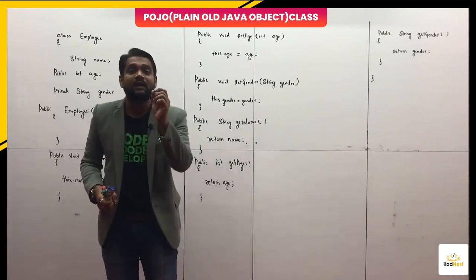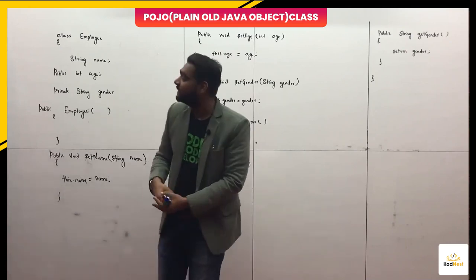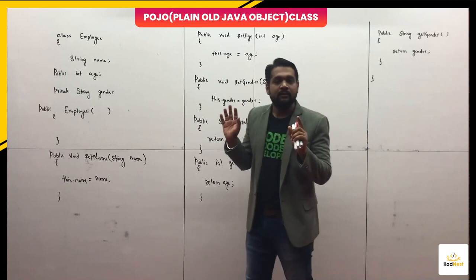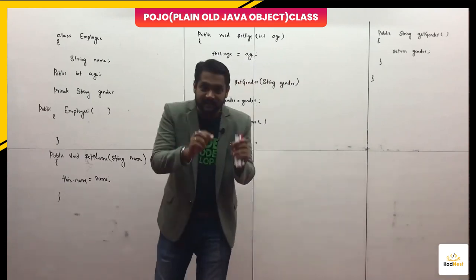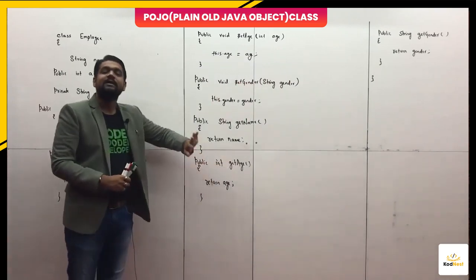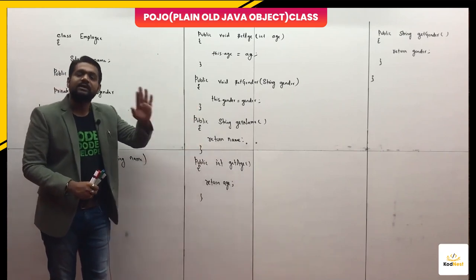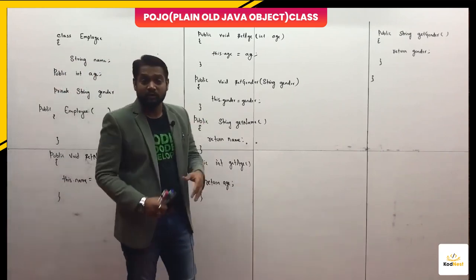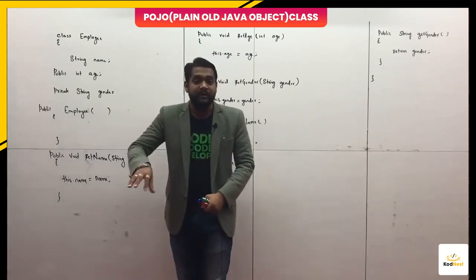Ultimately, if a class is following the restrictions given in the Java syntax, every class following that is a POJO class, as simple as it is. Of course, not the class in which the main method is present.